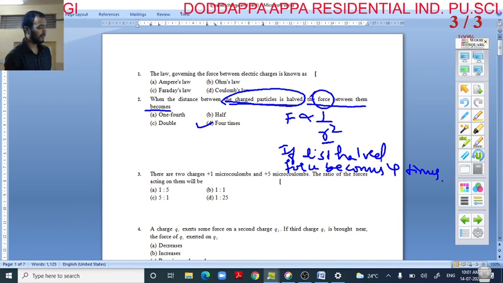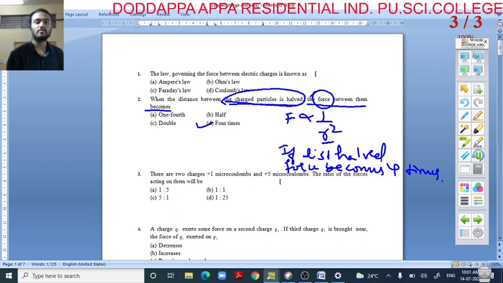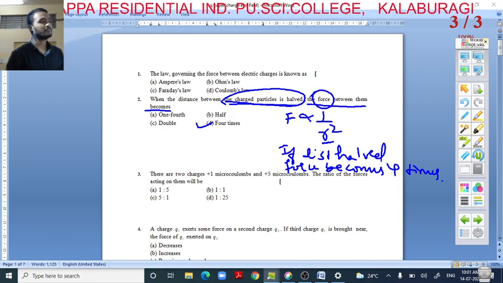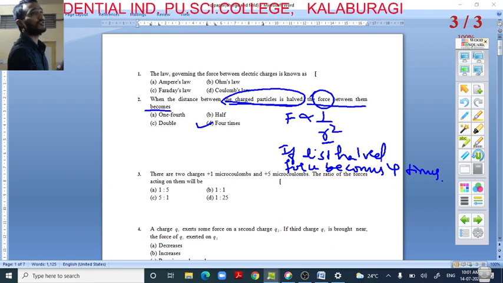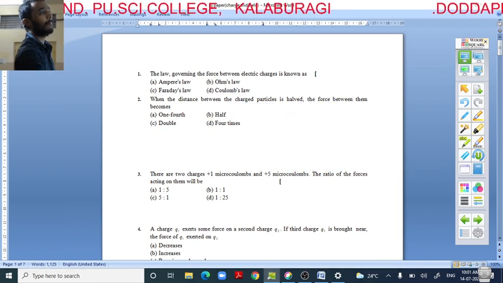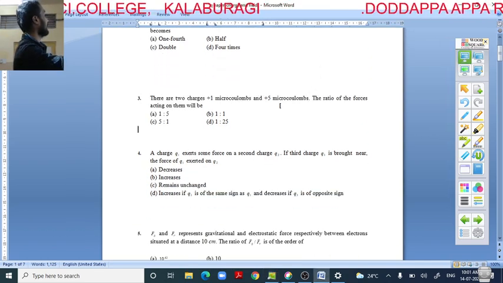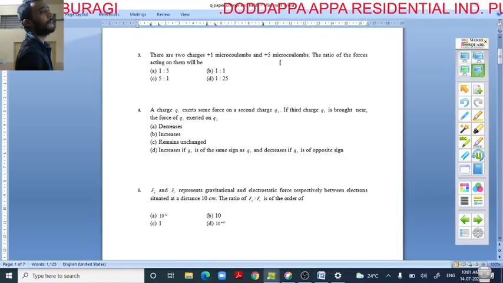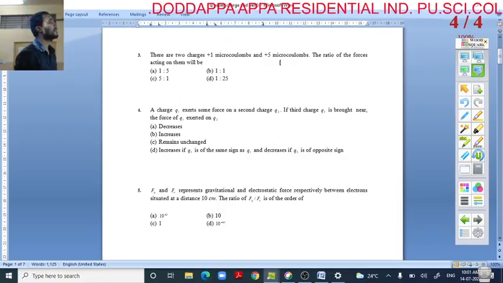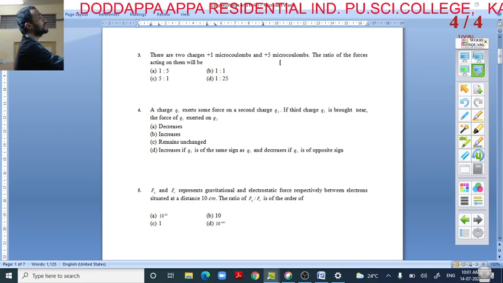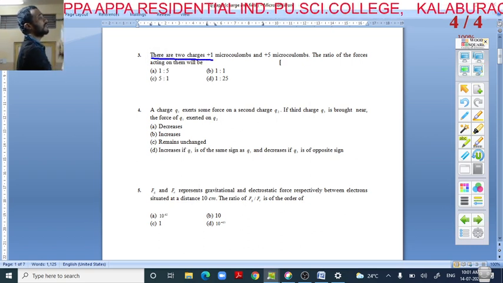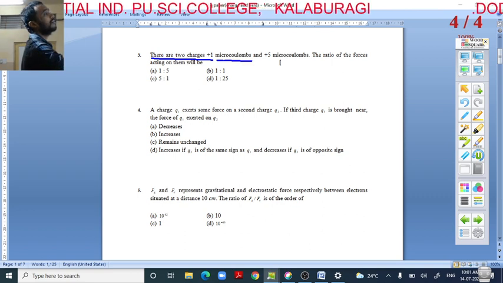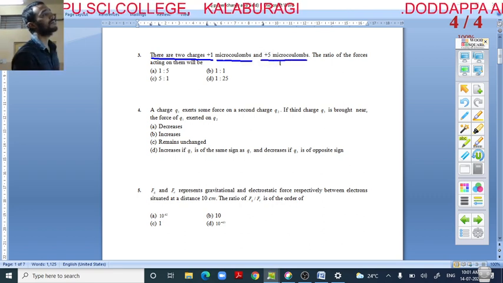Okay, in this manner we try to understand the concept of electric charge and field, right? Okay, next, third question. Here we have the third question. There are two charges, plus 1 microcoulomb and plus 5 microcoulomb.